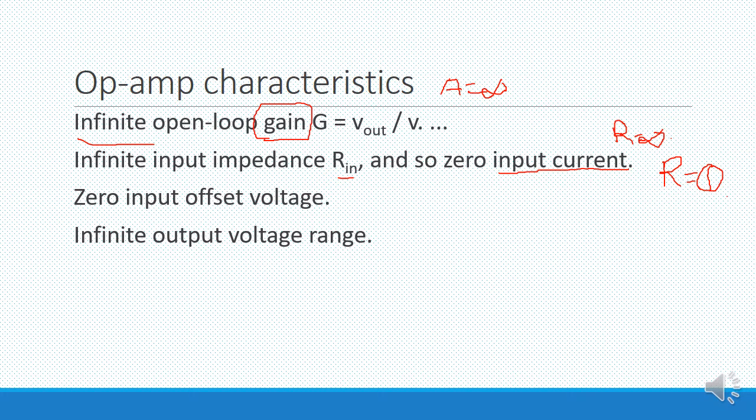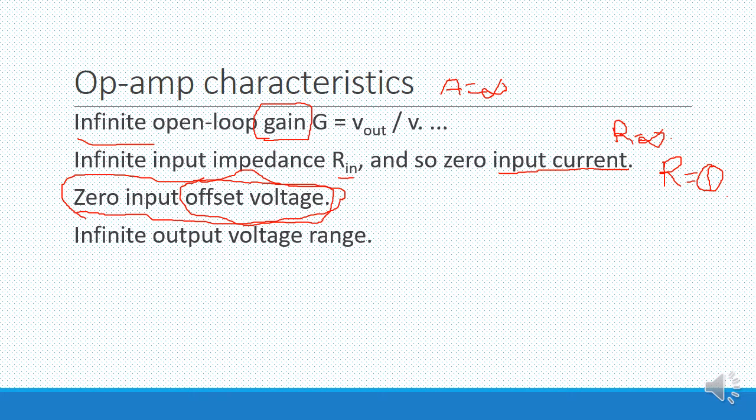Okay, now move to the next parameter, that is zero input offset voltage. First you should know what offset voltage is. Offset voltage is a voltage that must be applied between the two input terminals to null the output voltage.